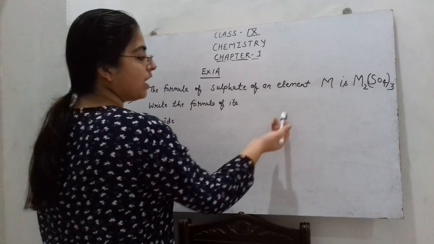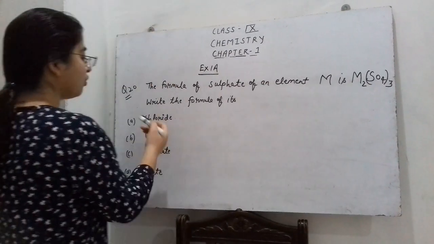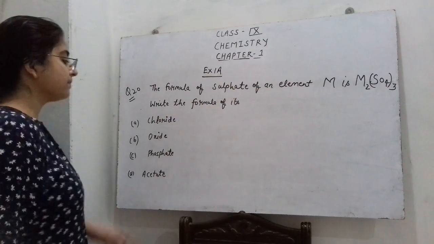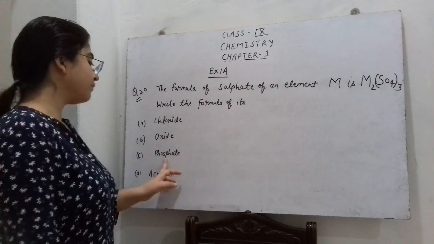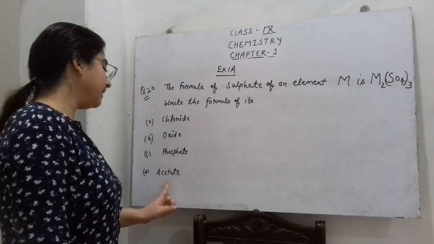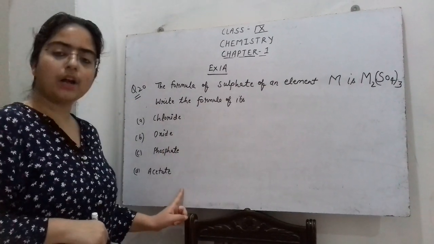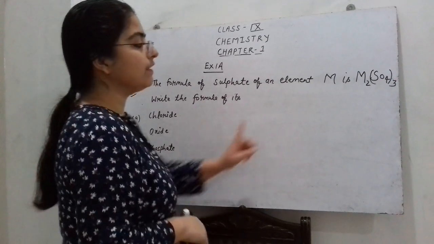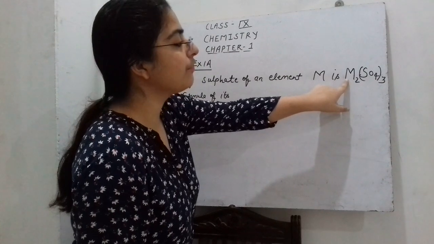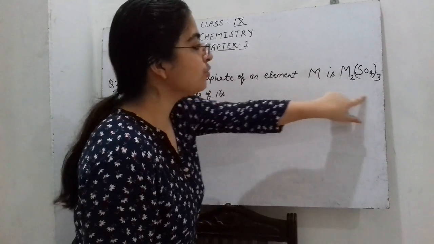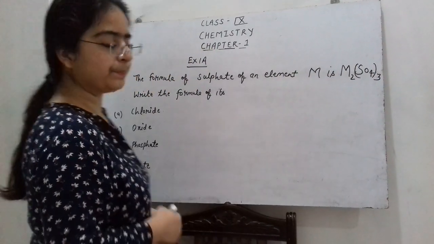Now we have to find out the formula of the chloride, oxide, phosphate and acetate of the element M. For finding these formulas, first of all we will find out the valency of the element M.